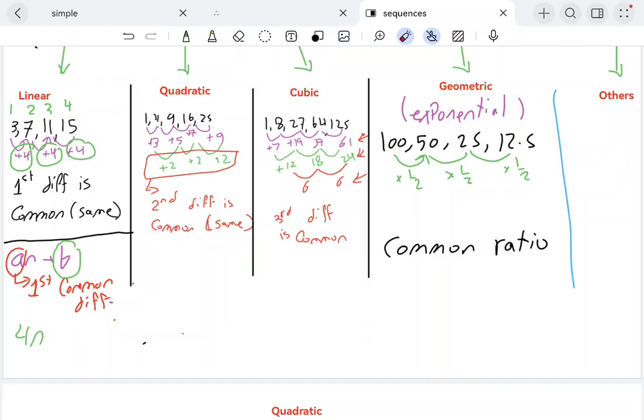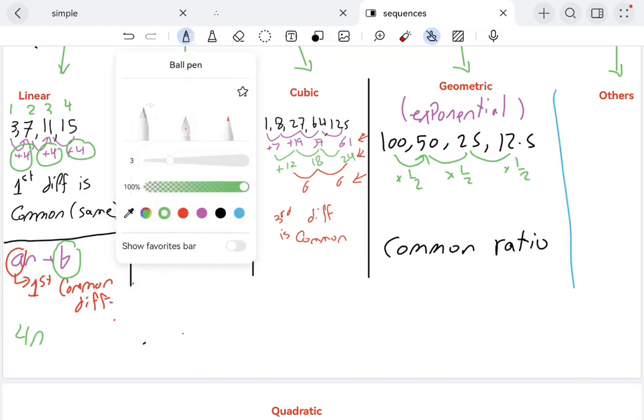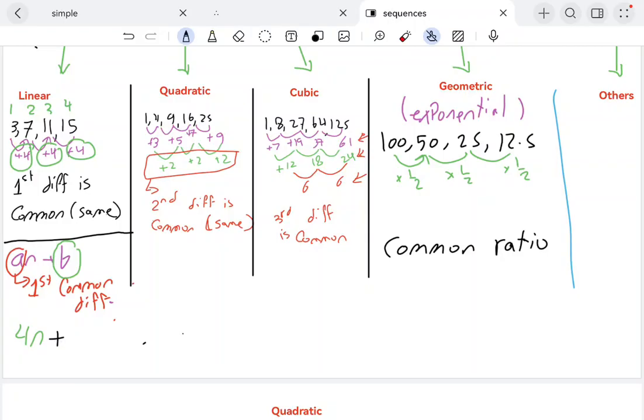If someone did not get it: I know 4n plus b has to equal 3 when n equals 1.